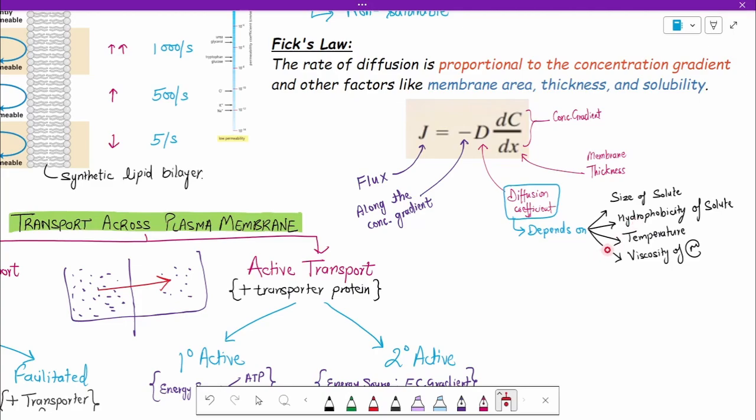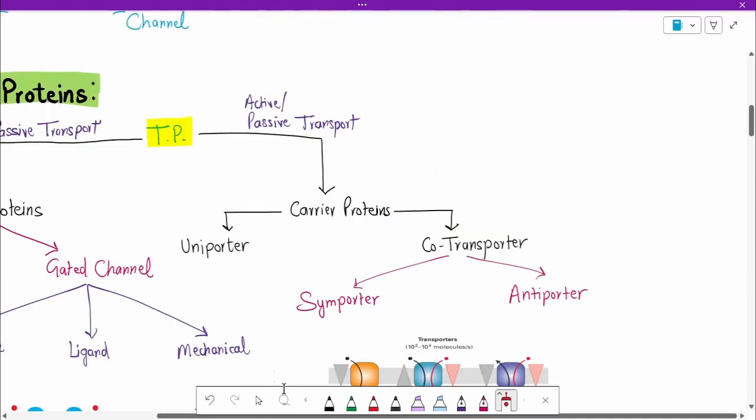It also depends on temperature and viscosity of the membrane. If the membrane is highly viscous, the rate of diffusion may fall, and if we increase the temperature, the rate of diffusion will also increase. So this is Fick's law of diffusion, or the first law of diffusion.